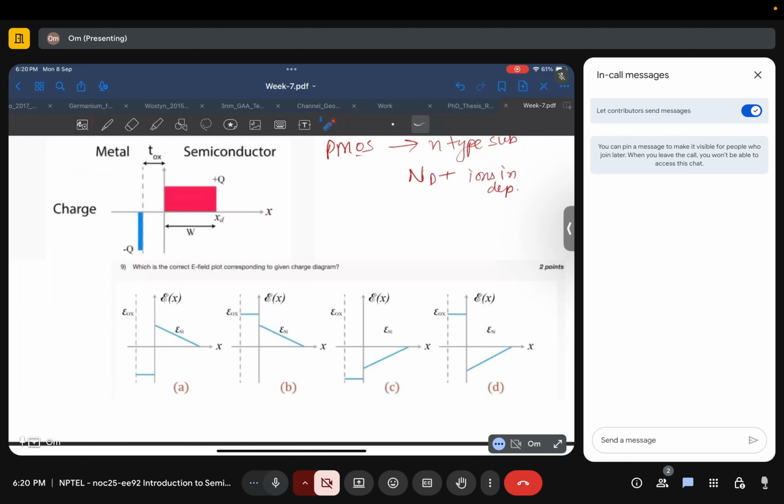So it will be option C, because electric field is in positive to negative direction, right? So it must be, and it is opposite to the direction of x. So your electric field must be negative, which is in option C, and it will be constant here and decreasing like this here.